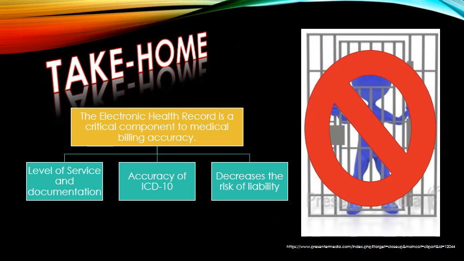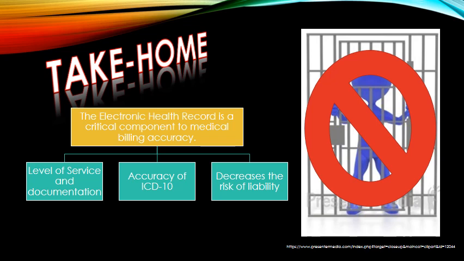And so, in summary, what you can definitely take from this is that the electronic medical record or health record, while not perfect yet, it definitely assists in reducing the risk associated with fraud and improper billing.